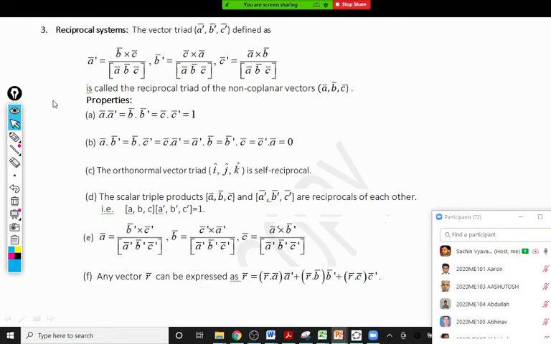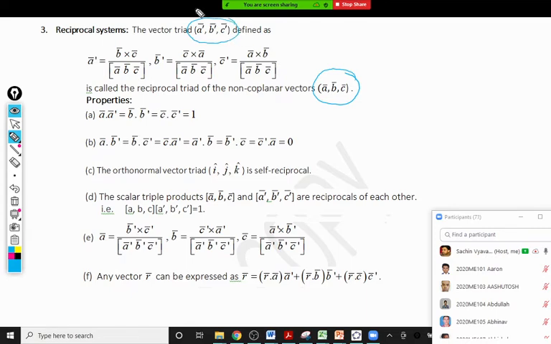Given three non-coplanar vectors, the first thing we have is a set of three non-coplanar vectors A, B, C. With the help of these, we can create three more vectors A dash, B dash and C dash.